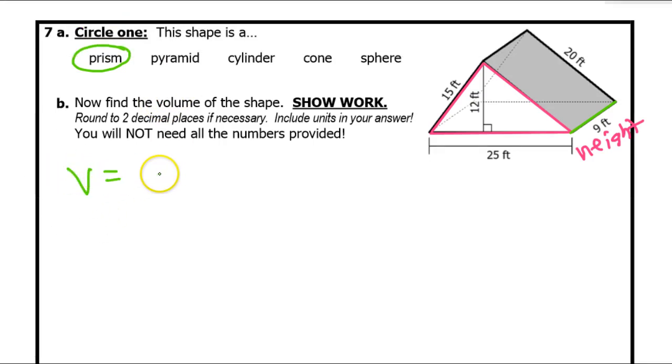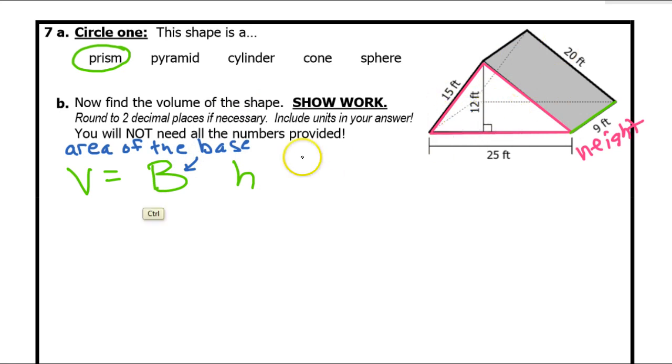Okay, the volume of a prism is the area of the base times the height. And just remember, this is the area of the base. That's what this B is. So I just told you that the two triangles are the bases.